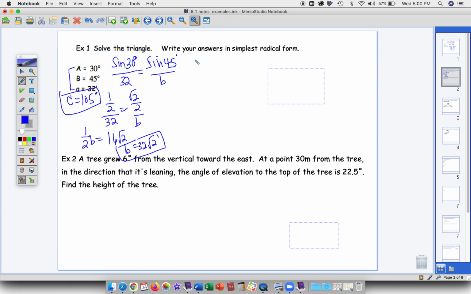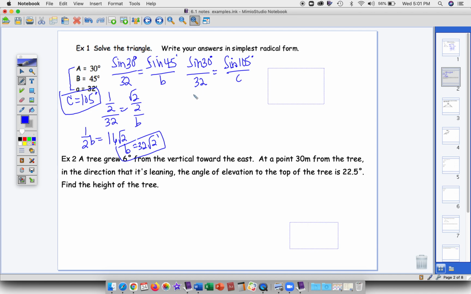So now, since this works out nicely, I'm going to use angle A again. So the sine of 30 over 32 is equal to the sine of 105 over side C. So again, that's 1/2 over 32.